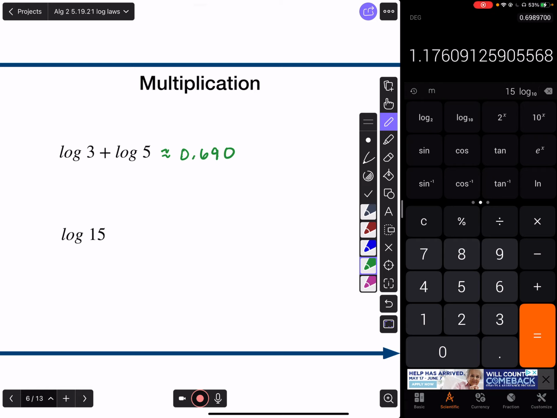Let me try log 3 plus log 5 again. There we go. They do indeed match, as they should.